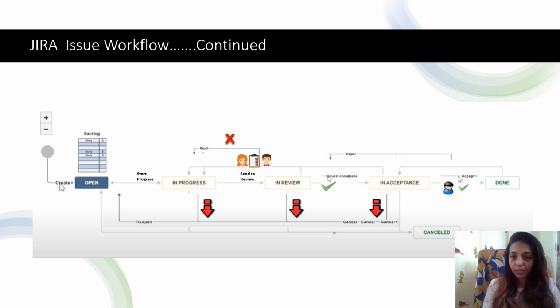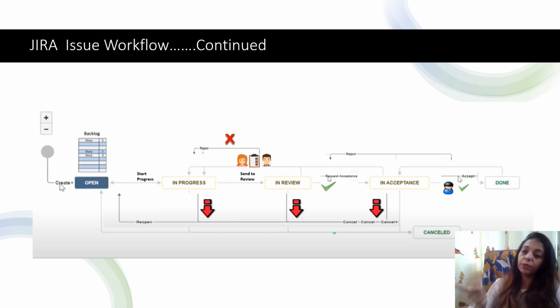Now it has cleared its review and moved to in acceptance. Here it will take up all the acceptance criteria one by one, going through each and every criterion, and when it says go ahead, it will be accepted and move ahead. Again, if there is a rejection by the PO, it will go to review again, in progress again, and it will be the reversed cycle.